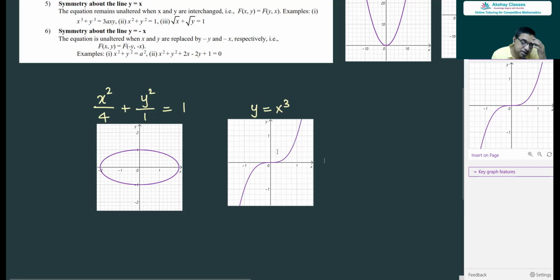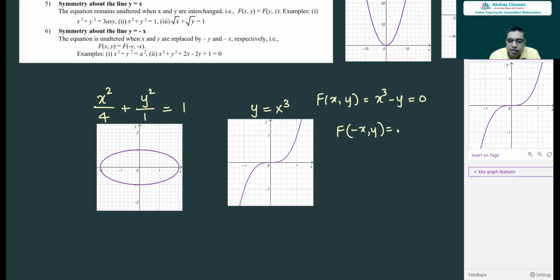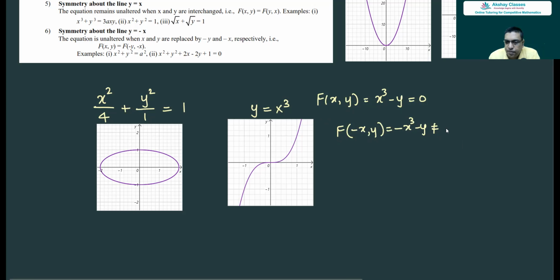So this is neither symmetric about the x-axis nor the y-axis, because look here. I will write f of x comma y as x cube minus y equal to 0. Now I replace x by minus x, I get minus x cube minus y, which is not equal to f of x comma y.